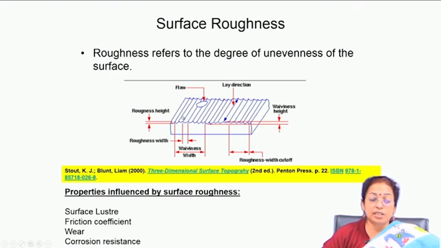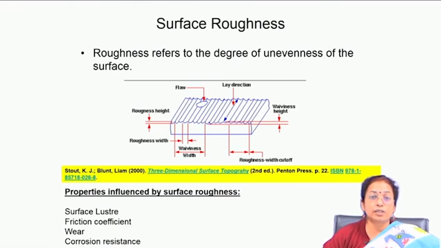This unevenness, at the atomic level, you can understand from the TLK model, where you saw that even atomically surfaces are not ideally smooth in nature. On the other hand, if you do different working operations, different kinds of unevenness are also introduced on the surface.